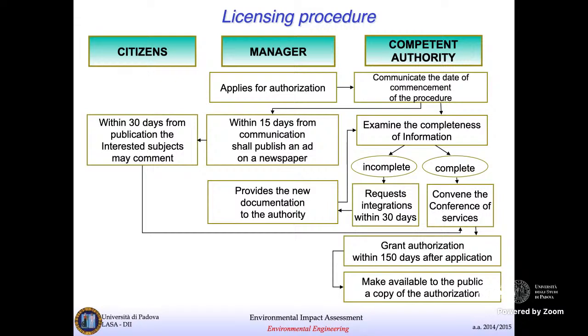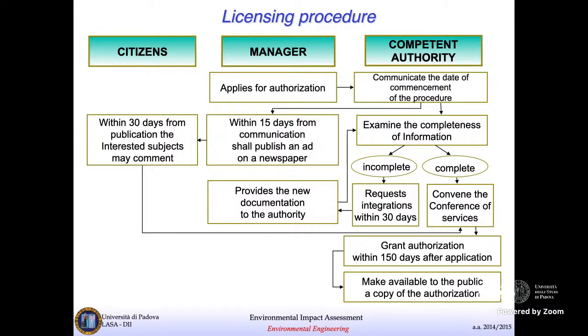Within 15 days it publishes the commencement of the procedure. The competent authority examines the completeness of information. If the information is incomplete, then the competent authority requests an integration within 30 days.